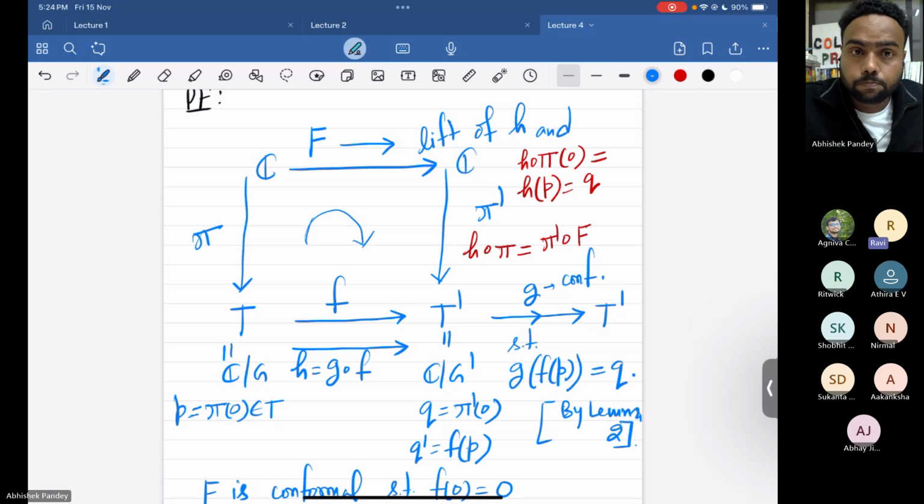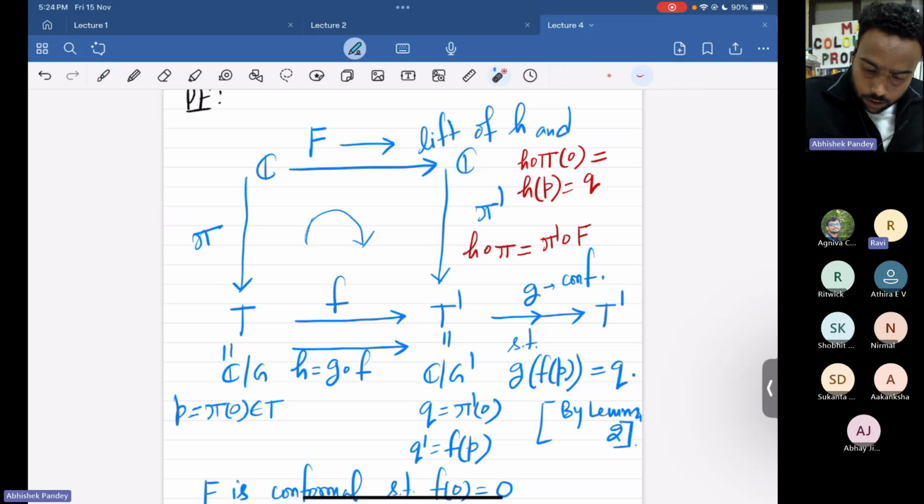I'm saying pi prime of F of 0 has to be q at 0. So F0 is exactly in pi prime inverse of q.